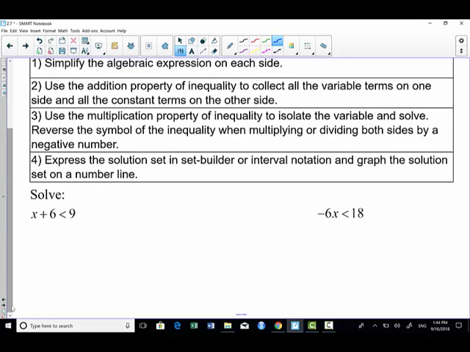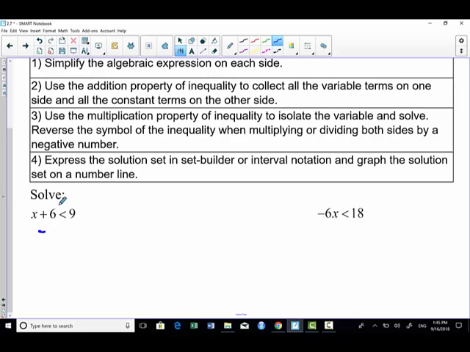Let's see a whole bunch of examples. The first one is quite straightforward. x plus 6 less than 9. Your goal is to leave x by itself. You don't have anything to simplify for step 1, so you can go ahead and do step 2: use the addition property of inequality to collect all variable terms on one side and all the constant terms on the other side.